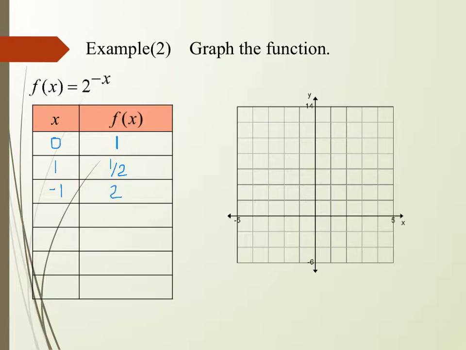When x is 2, we have f of x is 1/4. When x is negative 2, we have 4, and when x is 3, you can see that this is 1/8. When x is minus 3, it is 8.